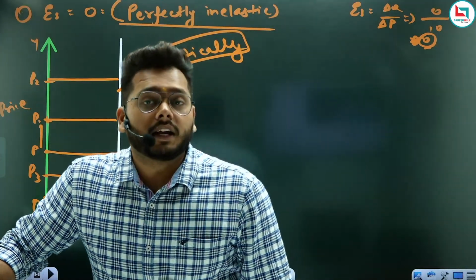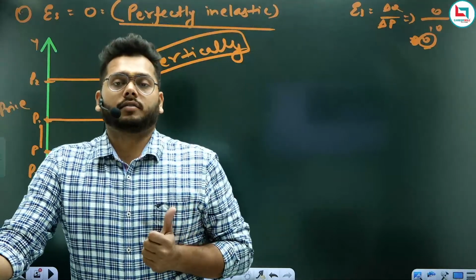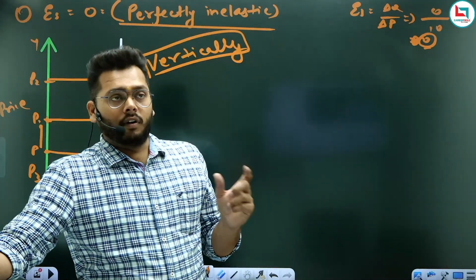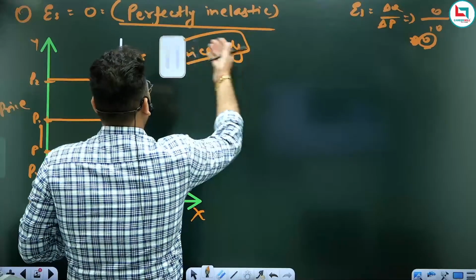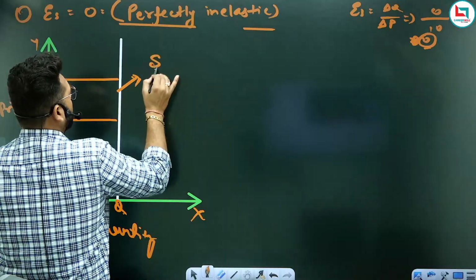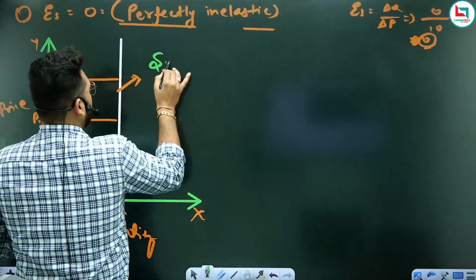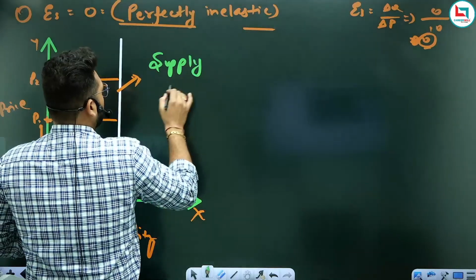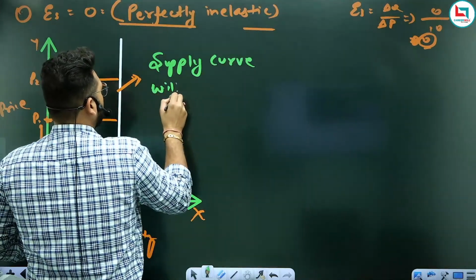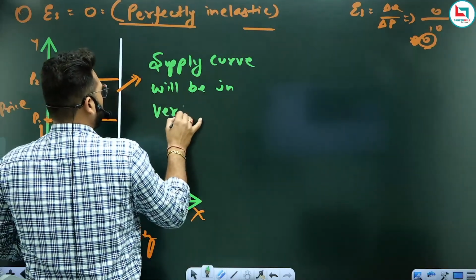Your right answer: the supply curve will be in vertical shape.